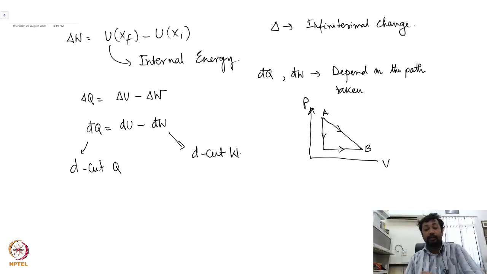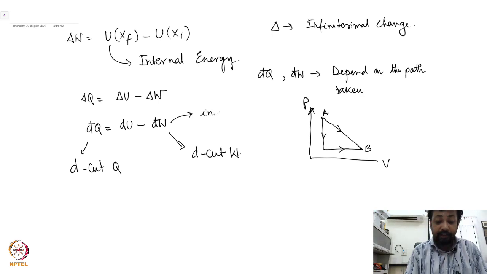So therefore, this essentially tells you that heat and work are path dependent quantities, and the quantities which are path dependent are what are called inexact differentials.